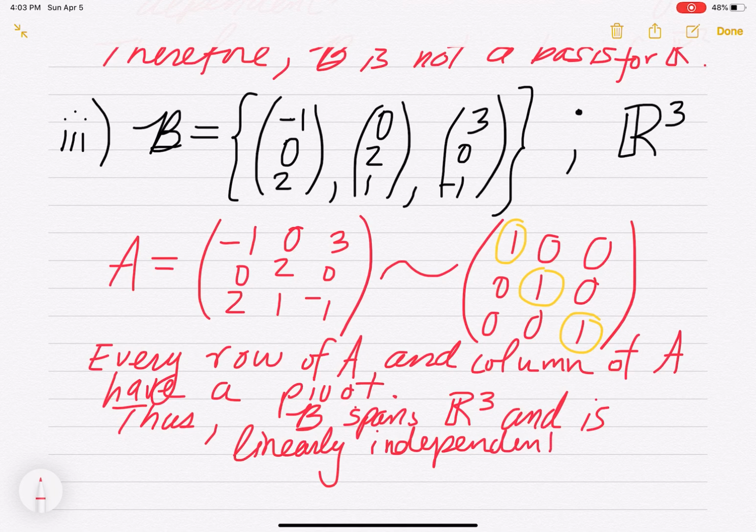So if it spans R3 and is linearly independent, then we can say therefore it's a basis for R3. Therefore, B is a basis.